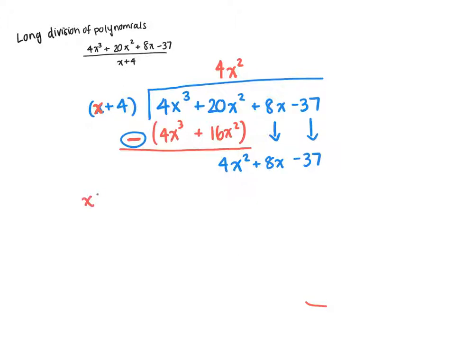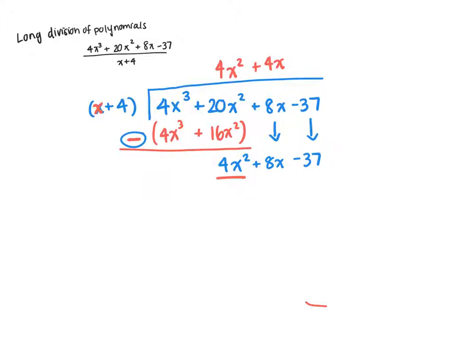So our new question is, x times what equals 4x squared? Okay, and it turns out that 4x times x equals 4x squared. So we're going to add that guy right here. Okay, so we do the same thing.